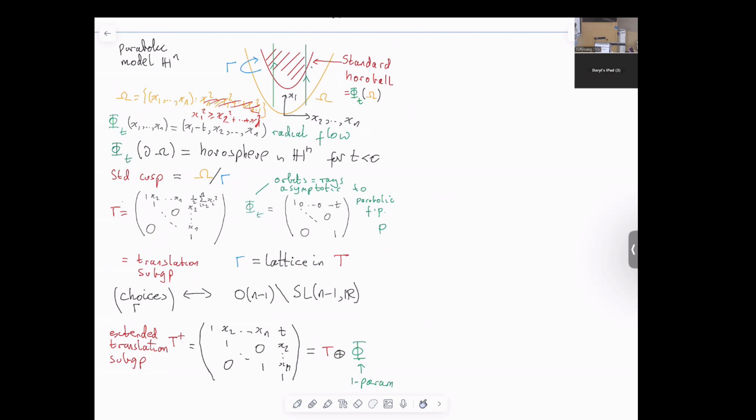The boundary of this paraboloid is given by the orbit of the origin under this group. So it's read off actually by the last column here. The last column shows you the x1 coordinate is a graph over the other coordinates.